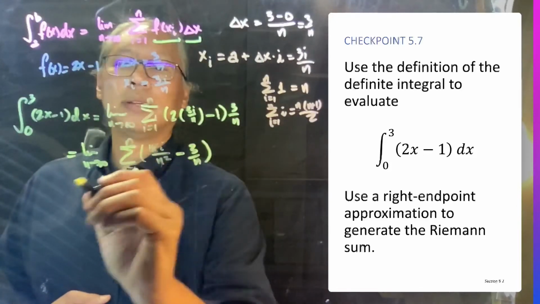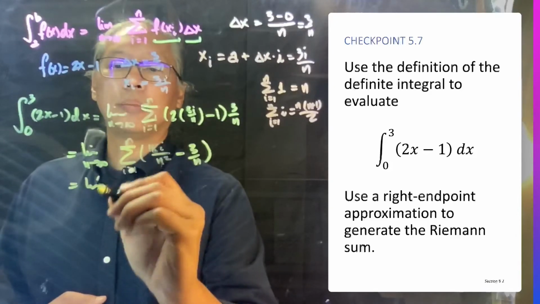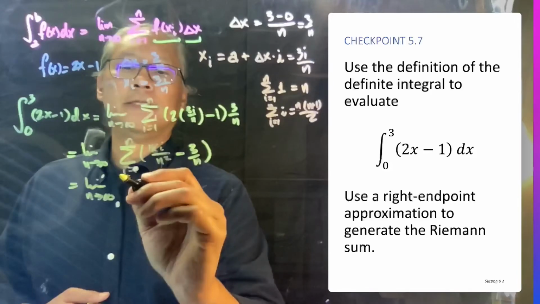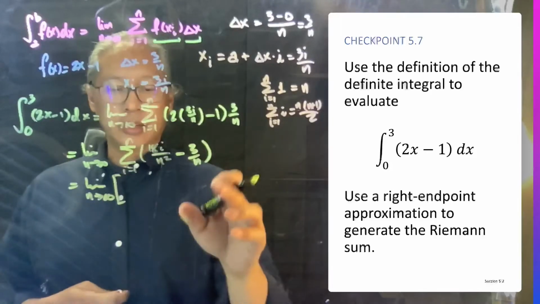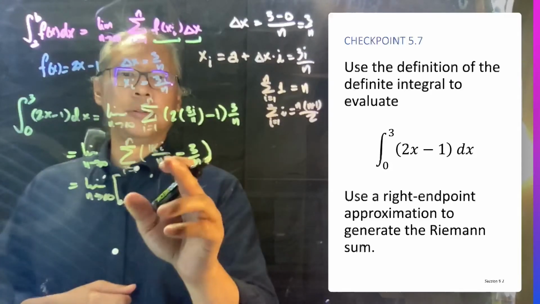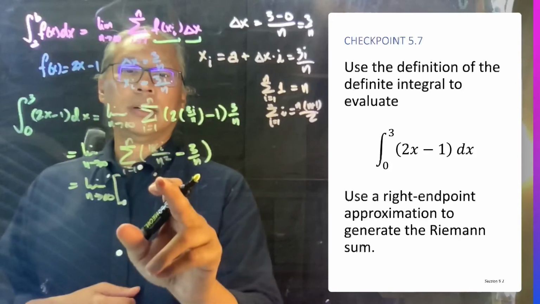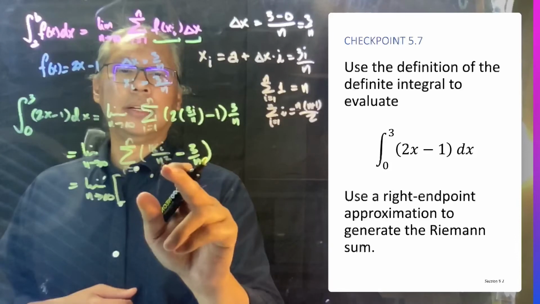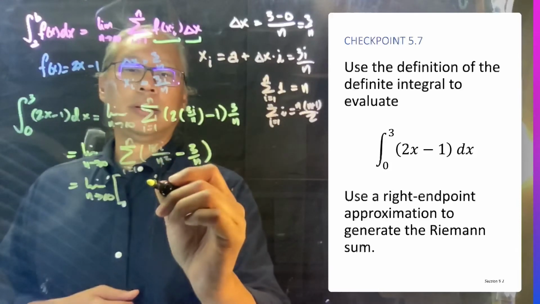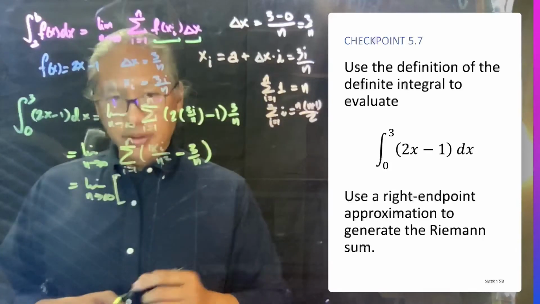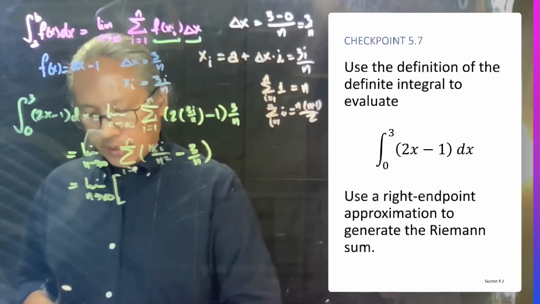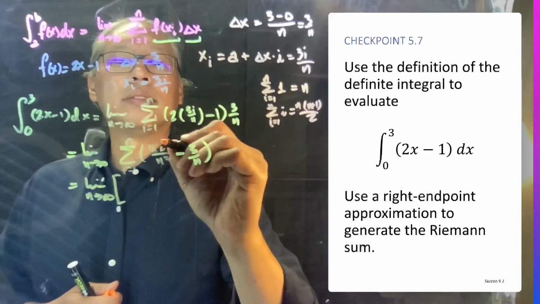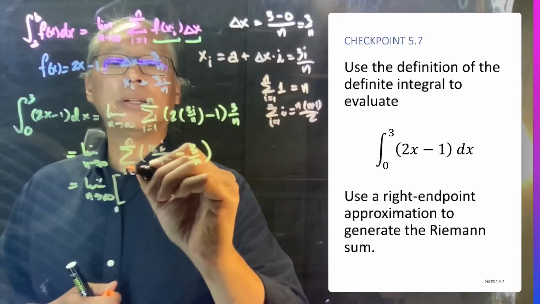Let's take this apart a little bit. And we're going to take the limit of a couple of things. Let's split this up into two series. The first one is going to be 18i over n squared. And what I'm going to do is consider i here as the variable because that's what the index is.